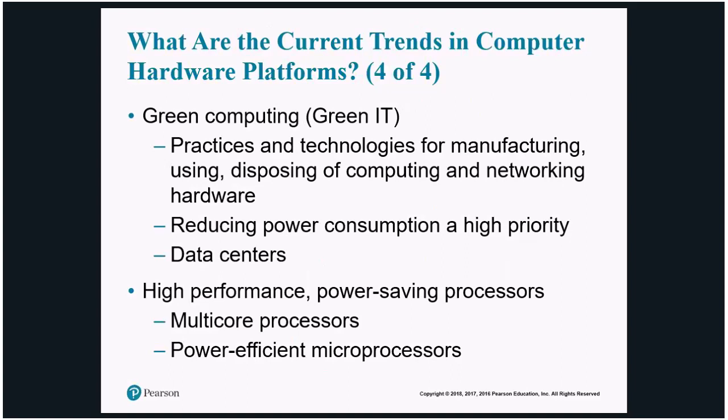Some other trends, some we've seen in the videos the first week of class, are green computing. That's reducing our consumption in our data centers. If you have a building that's strictly a data center, we're having a lot of load for electricity, heating, cooling, and we look for means to be smarter with how we heat and cool and provide electric to these locations. We can use chilled water from oceans.